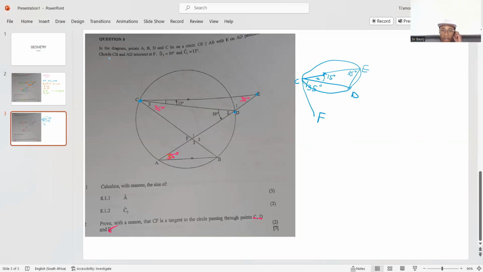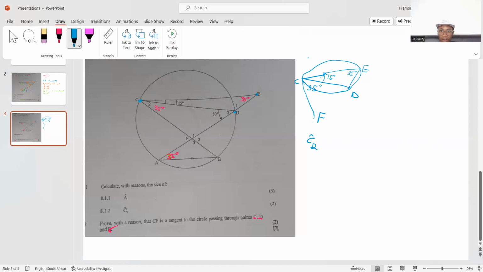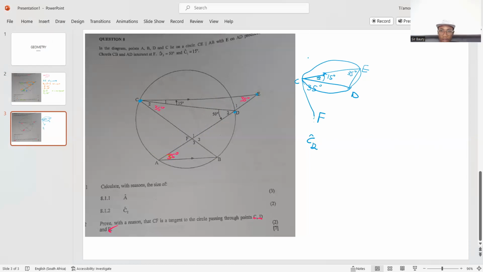Good. So we have to prove that CF is a tangent. So how do I prove that something is a tangent? In this case, this is C1, this is C2.